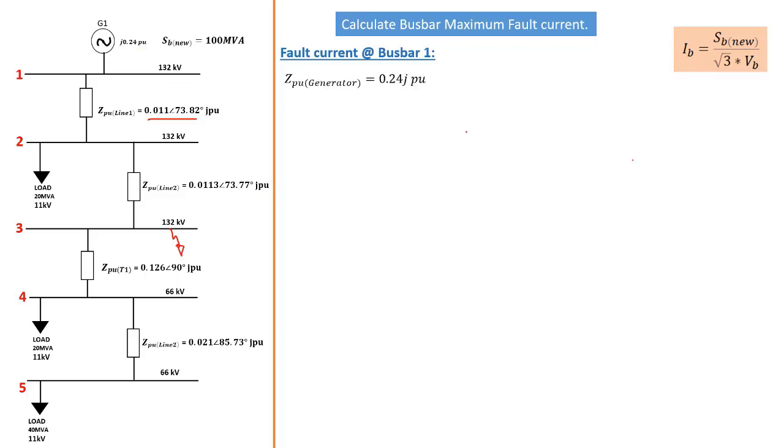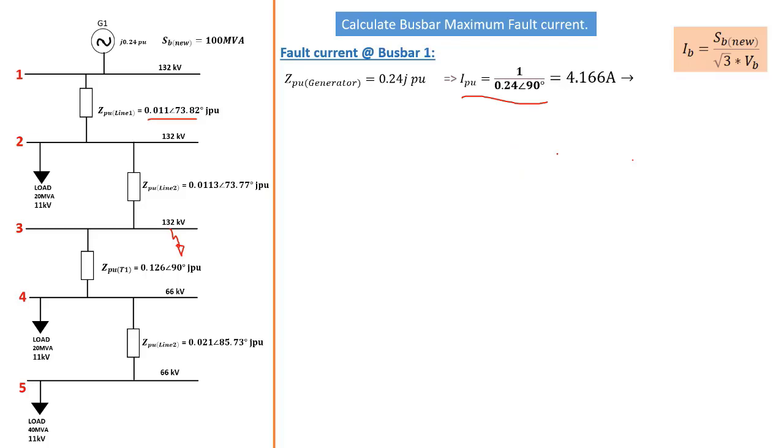So moving on, as we already said, 0.24 j is the internal per unit impedance of the generator. And using the per unit formula for the current, I per unit is equal to 1 over 0.24 with an angle of 90 degrees. Now this is the formula to calculate the per unit current.